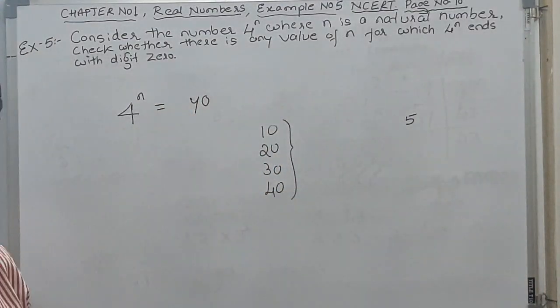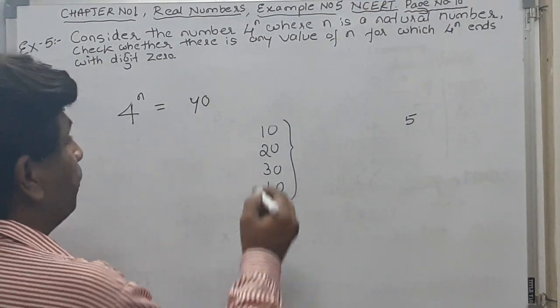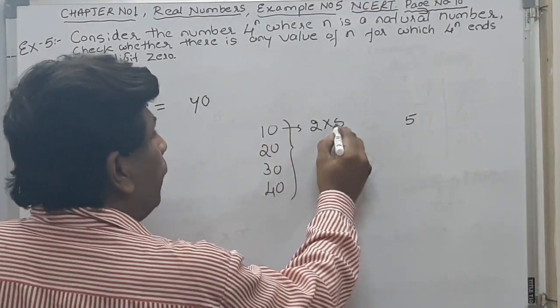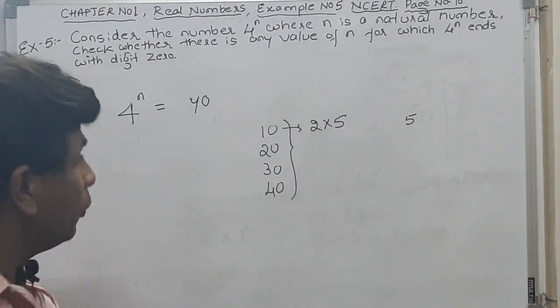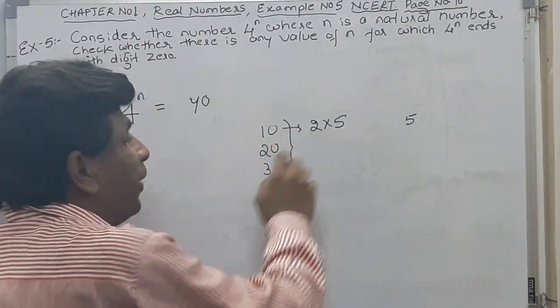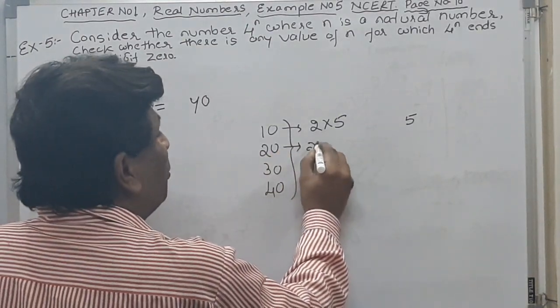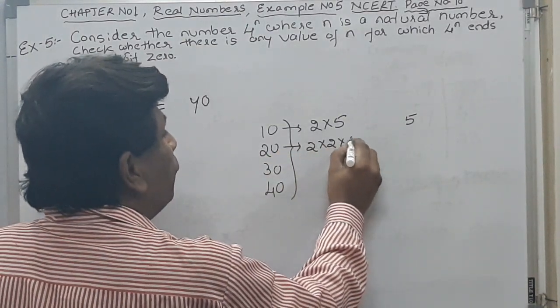For example, 10: what are the prime factors? 2 into 5. 5 is there in the prime factors. If you consider 20, it is 2 into 2 into 5.